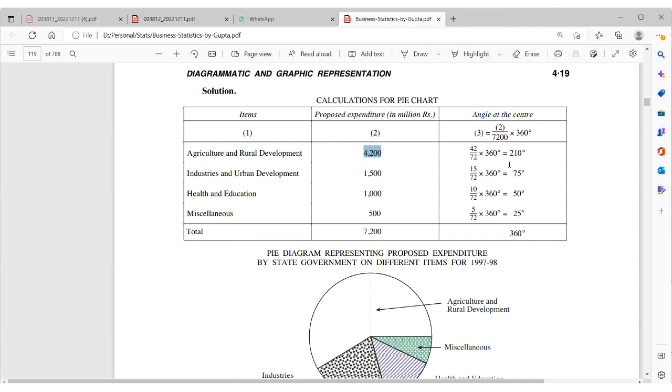In a circle, the complete angle is 360 degrees. So we make an angle of this: 4,200 divided by 7,200 into 360 comes to be 210. In a similar way, 1,500 divided by 7,200 into 360 is 75, and so on.